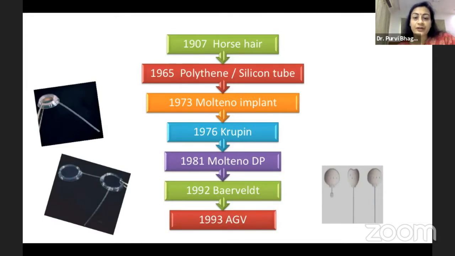But the first formal GDD was designed in 1973 by Molteno, and this was then further developed into a valvular formulation, which was designed by Krupin. Molteno then worked on his own implant to make a double plate implant. But the major breakthrough in this entire segment occurred in 1992 and 1993 with the design of the Baerveldt valves and the AGV valves, that is designed by Ahmed and popularly known as the AGV. And of course, now we have the Indian versions for both of these.